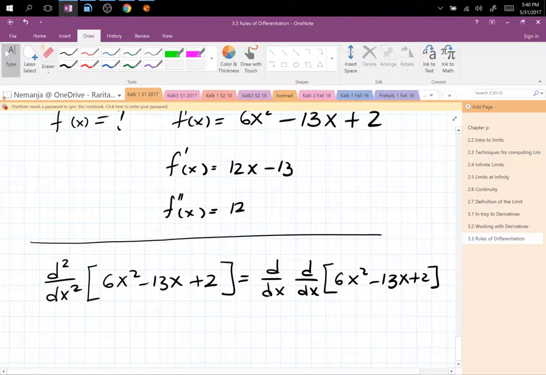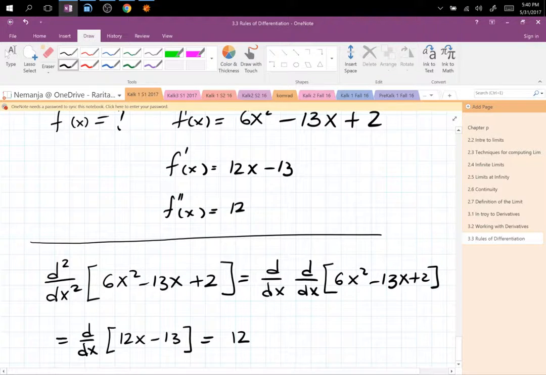So when I apply the first one, the one closer to the function, I will have to copy the first and I'm applying the second one. I will get the 12x minus 13 and I still have one to apply, which will give me 12. So you have the inline writing using Leibniz notation, and you have the new line writing, which is utilizing something similar to Newton's notation.